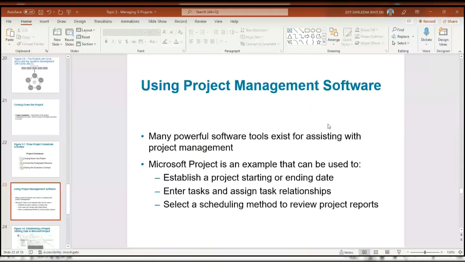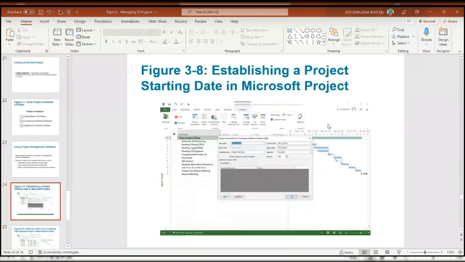So ini adalah Gantt chart. So dalam Gantt chart ni, we do have the setting that we can define lah. Kita boleh set dia lah. Contohnya kita nak start from which month, which is most commonly for IT development project usually takes about 18 to 24 months.